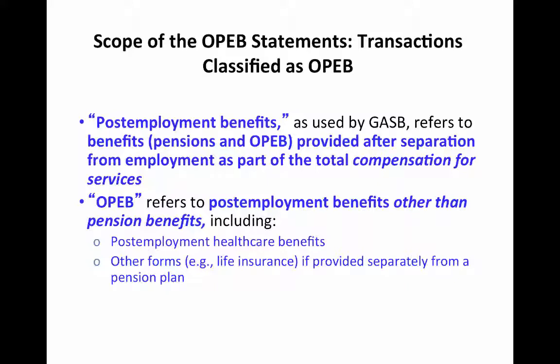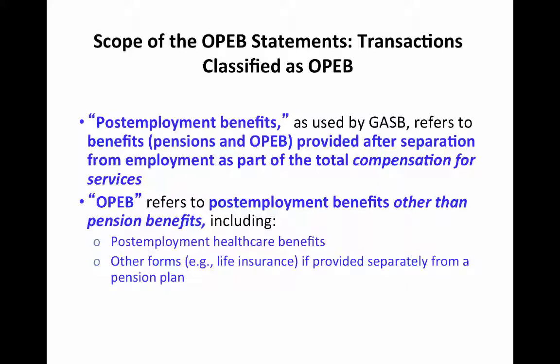By post-employment benefits in general, we're talking about all of the benefits that are provided after someone has retired or otherwise left the employment of the government. It's a part of the total compensation for the services that the employee provides to the government, in addition to the salary and other benefits that they receive while they're working for the government.